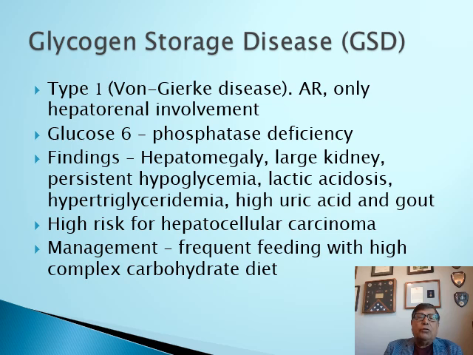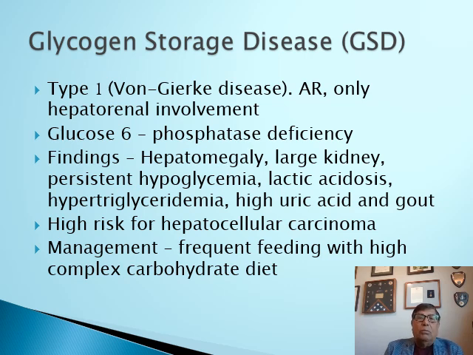One will be surprised to see that this patient is walking and talking with a blood glucose of 30, that low, so it is a chronic hypoglycemia. The body has learned how to deal with it, but they are very severe. At the same time, they have high uric acid, high triglyceride level, and they develop gout because of the high uric acid level.